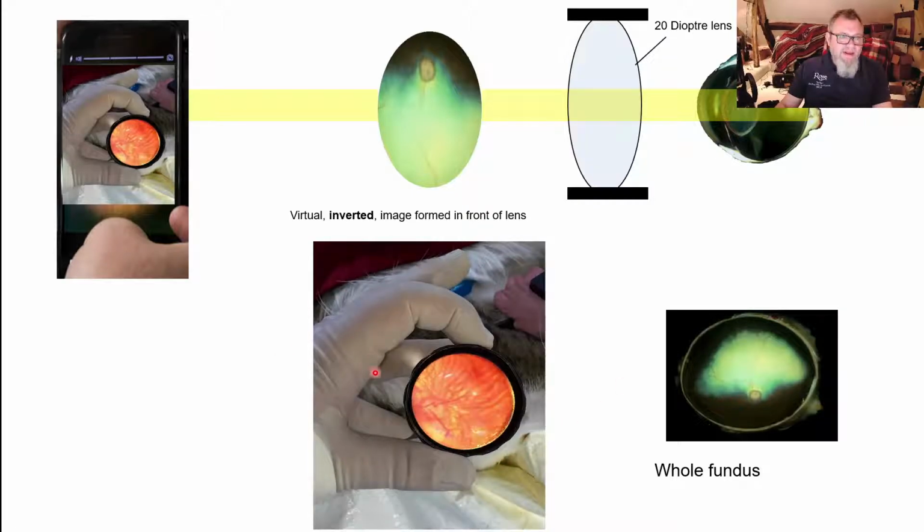We met this little patient before, so using my phone with the light on continuously, we can use the light from the phone to image the retina through the indirect lens, and obviously record it for record keeping, to show owners, or to seek advice if you're not sure what you're seeing.